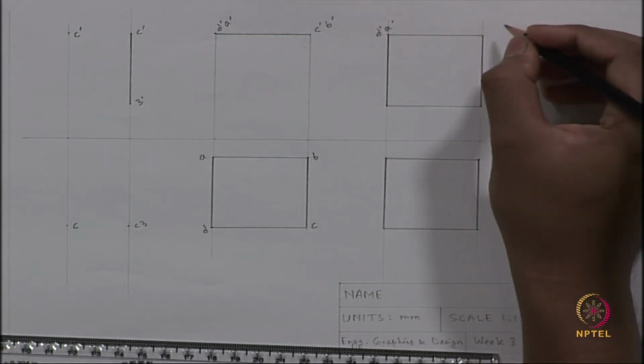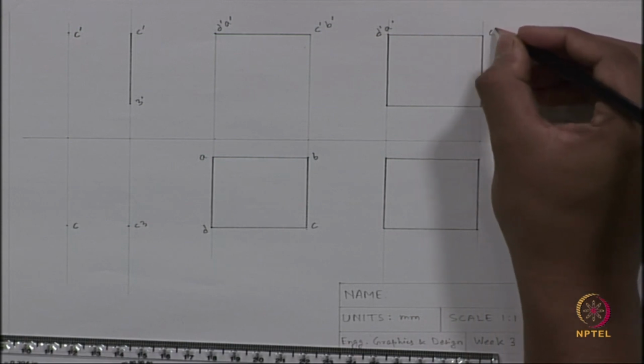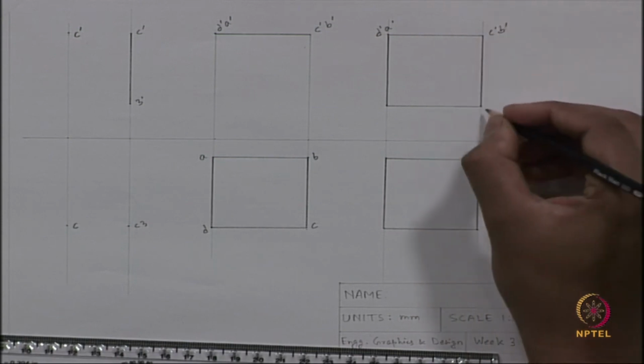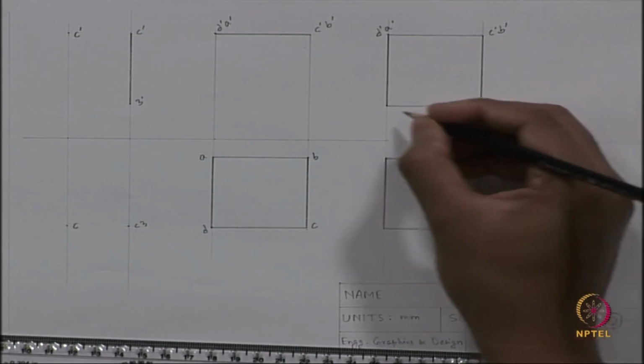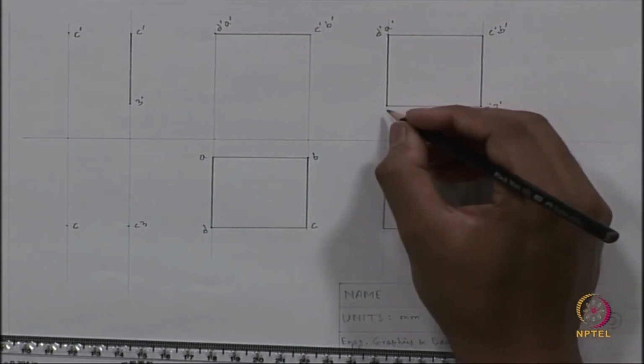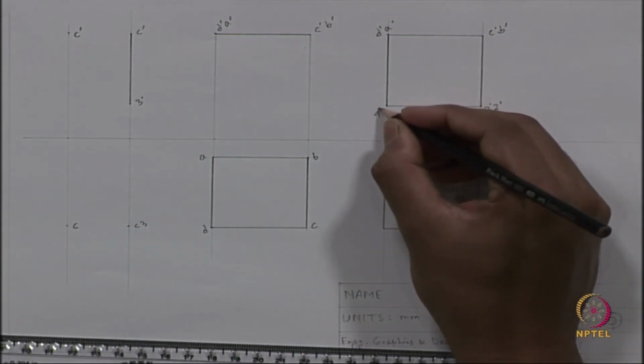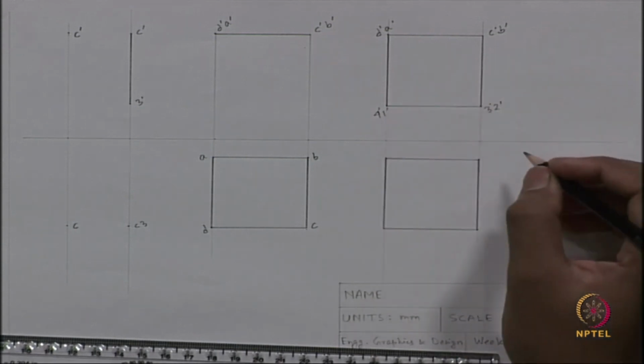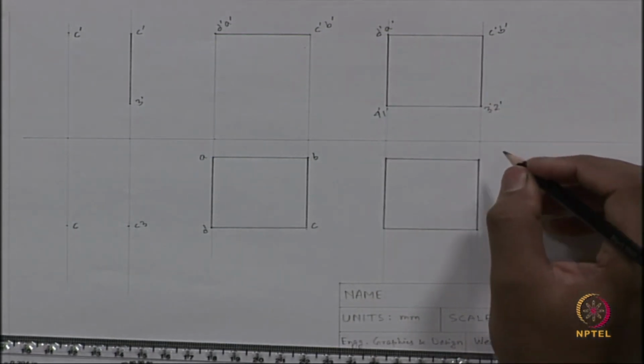because D comes first while looking in the front view. This will be C dash B dash, this will be 3 prime 2 prime, and this will be 4 prime 1 prime. This is for the front view.